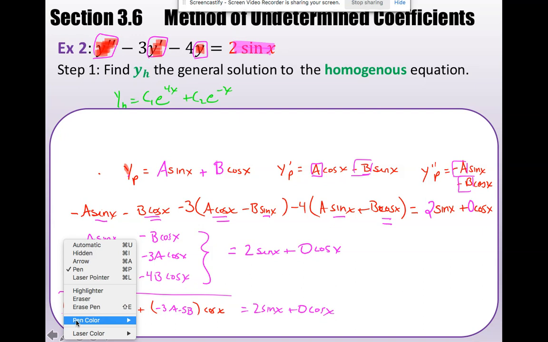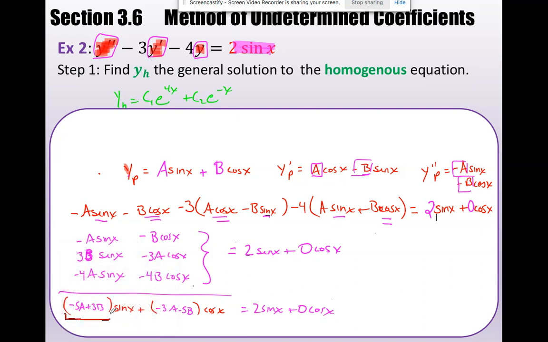So do you see what I'm going to do here? Bam, baby. Here's my system of equations. Negative 5a plus 3b has to equal 2.